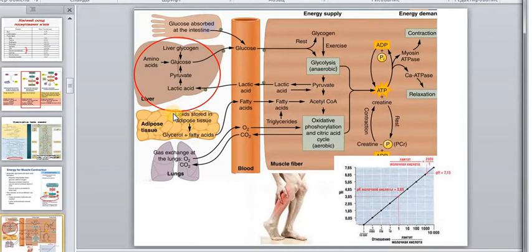Therefore, it's necessary to constantly dispose of the lactate in the liver, and it needs blood flow too, especially to move lactic acid into the blood vessels and from the blood vessels to the liver.